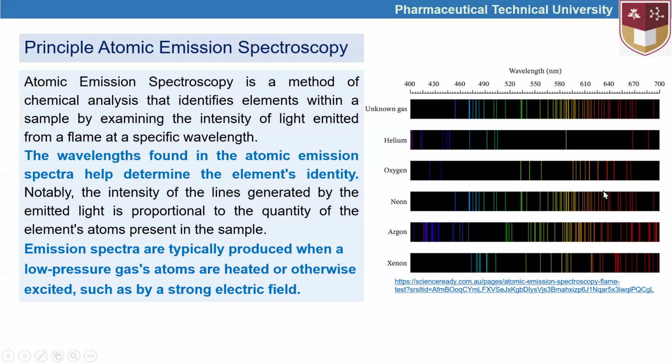And neon, here we can see neon has very close bands like that. And here we can see xenon also shows very close bands like this. So based on this kind of comparison, it will be possible to find out about the presence of neon and xenon.